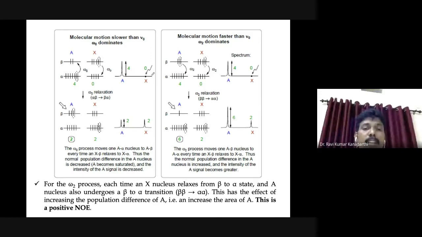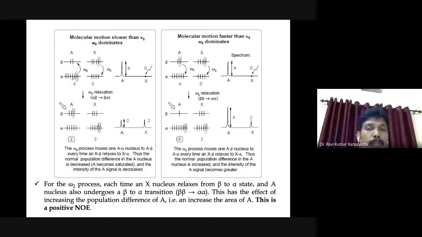Initially we saturated the X nuclei. Now you start applying the omega 0. Both will be exchanging their spins, transferring their spin through dipolar interaction. While the beta spin of X is coming to alpha, the alpha spin of A is becoming beta.